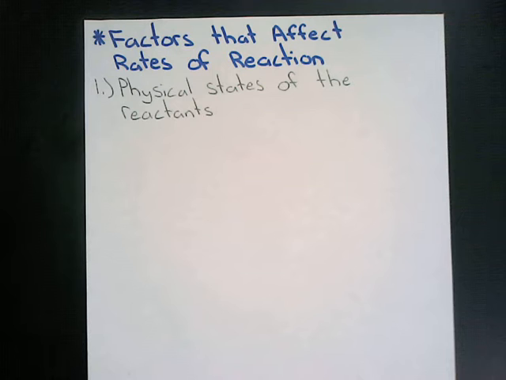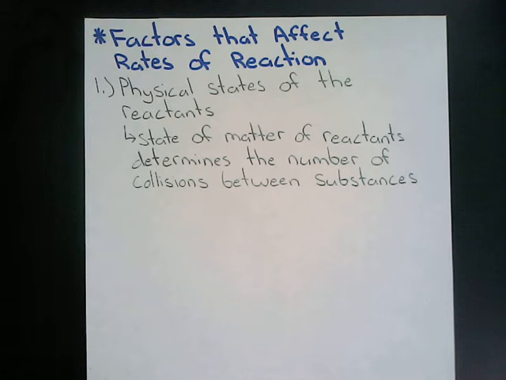The state of matter of reactants determines the number of collisions. And something to keep in mind with this, and the reason we bring up collisions, is that the more collisions you have when a chemical reaction is occurring, the faster the reaction is going to occur.